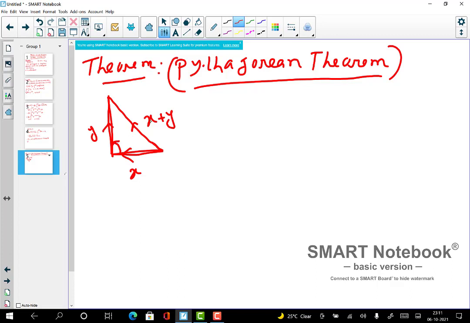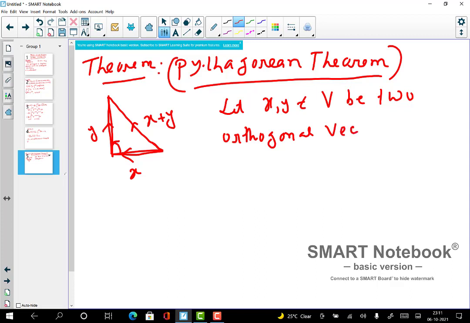So what is the theorem here? Let x and y be two orthogonal vectors.